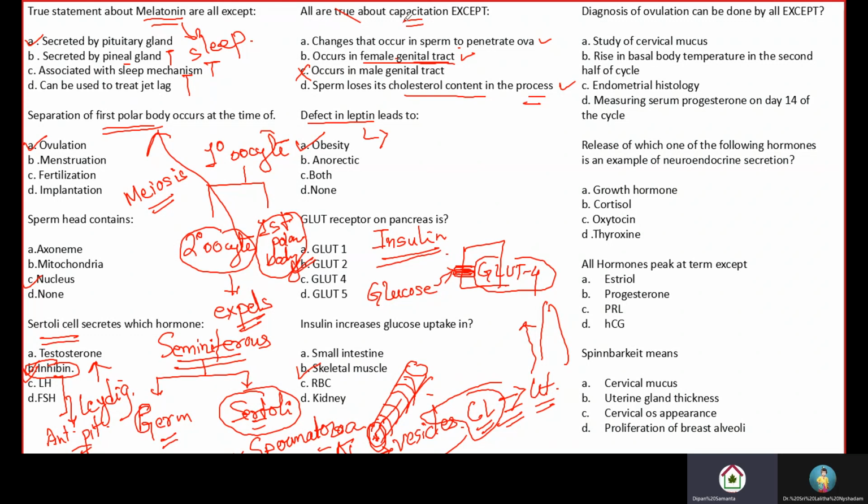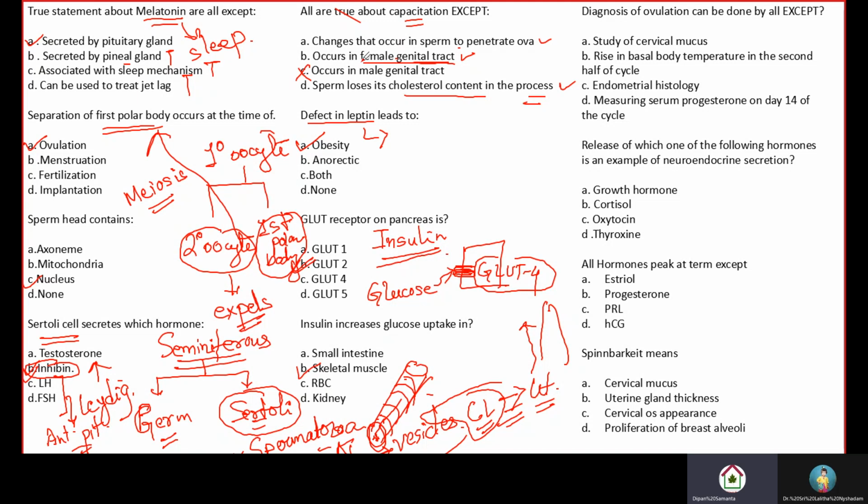Okay, so all are true about capacitation except changes that occur in sperm to penetrate ova. So what is capacitation? The definition is option A: the process of changes in the sperm to make it capable of penetrating the ova.